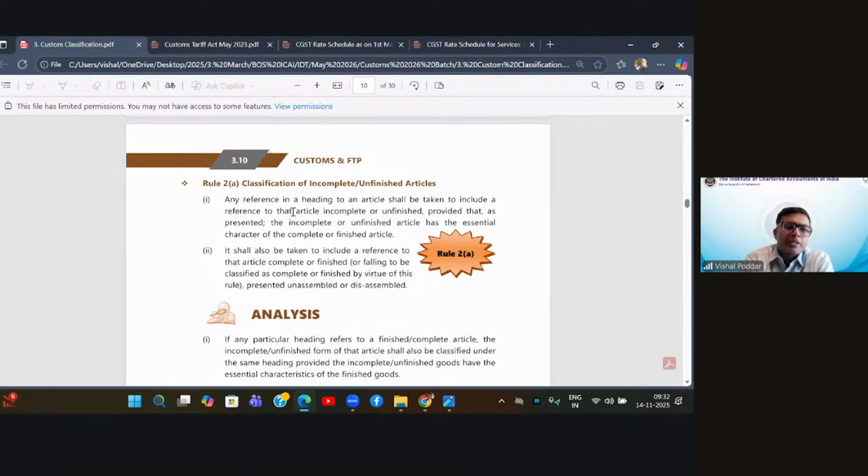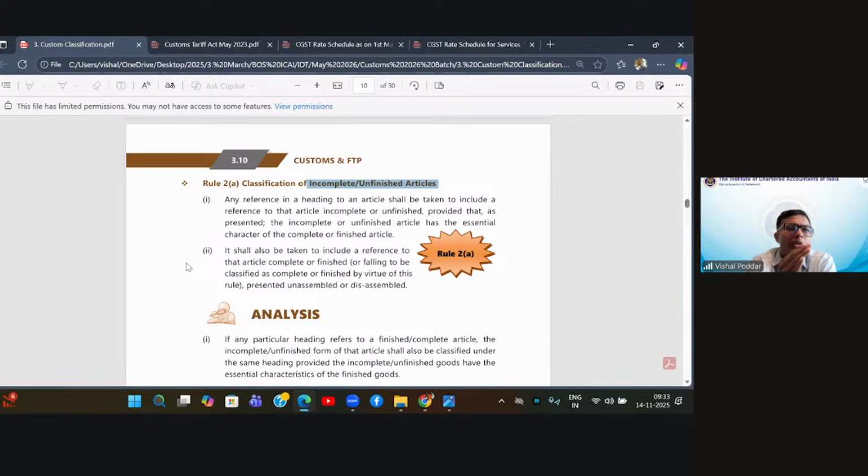What does A deal with? A deals with those goods which are in incomplete or unfinished form. What is incomplete or unfinished? Understand this. Incomplete or unfinished is many times because of a transportation problem or handling problem. When a manufacturer is sending his goods to the dealer or to the other counterpart, he may not send it in the final finished form.